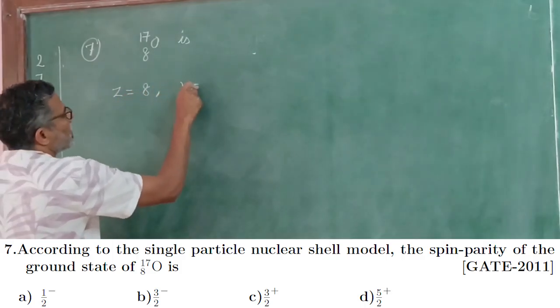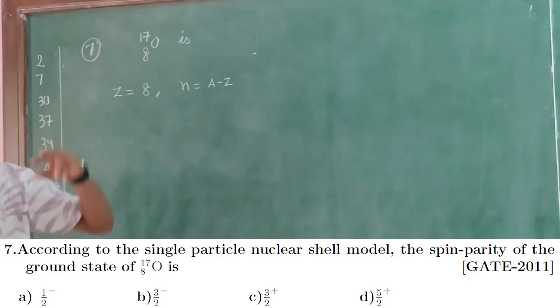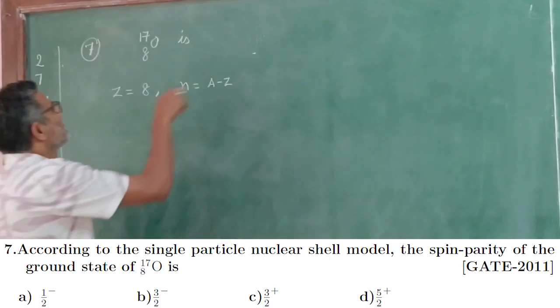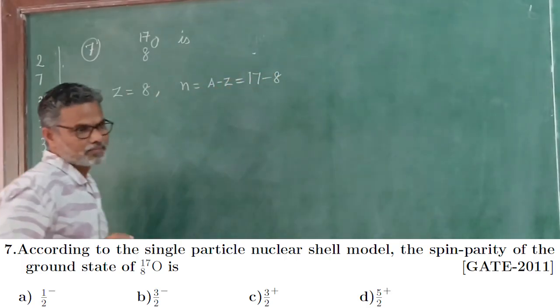And then the number of neutrons is A minus Z. Never hesitate to write this, A minus Z. Then feed the value 17 minus 8. You will never commit any mistake.